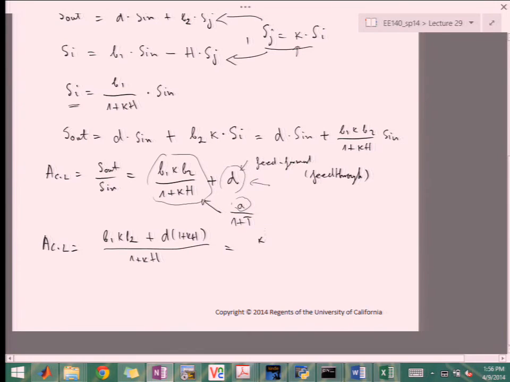And then we'll be able to separate out K and then have B1, B2 plus DH over 1 plus KH, and then plus D over 1 plus KH.